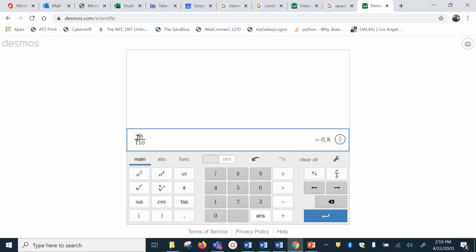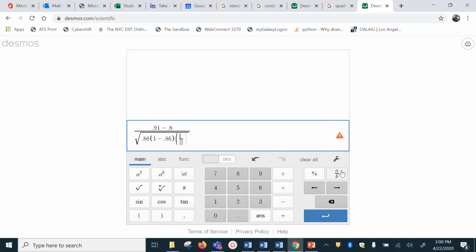All right, so now I'm going to take my two percentages and subtract them. So I'm going to take 0.91 on the top minus 0.8. Now on the bottom, I'm doing the square root, and I'm doing my p hat, which is 0.86, multiplied by its opposite, 1 minus 0.86, and I'm multiplying that by the reciprocal sample size, the sample size when it's flipped.